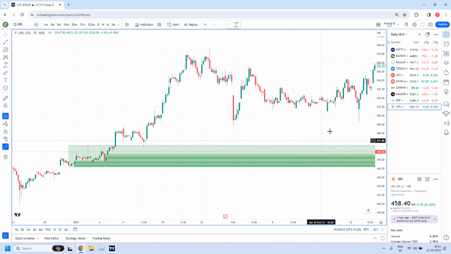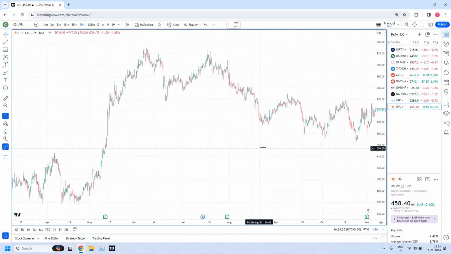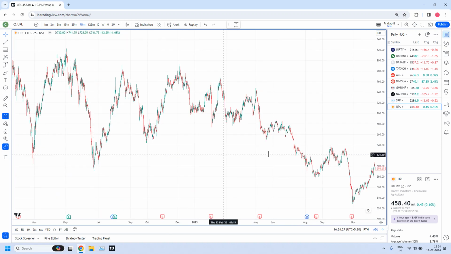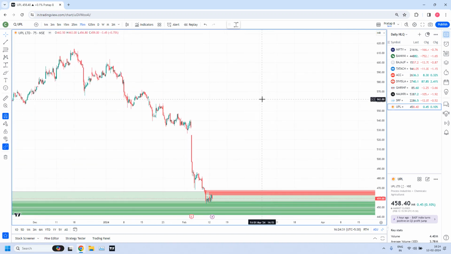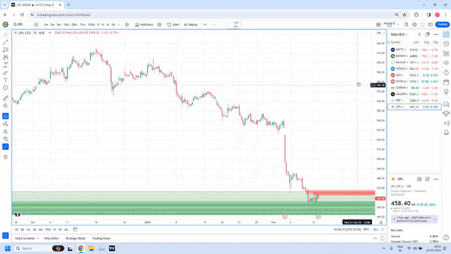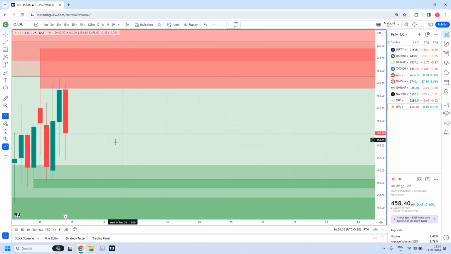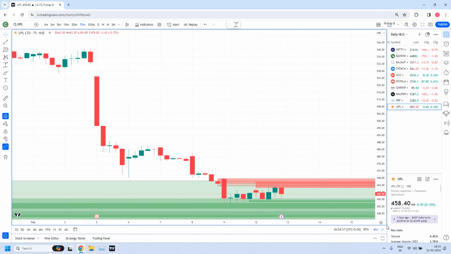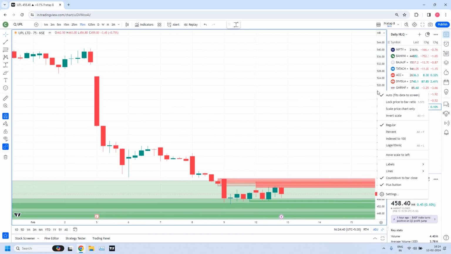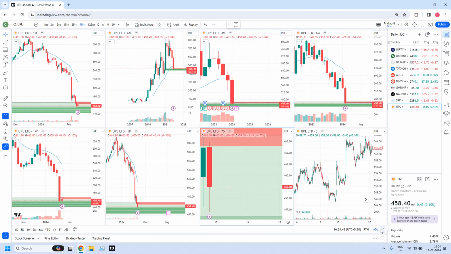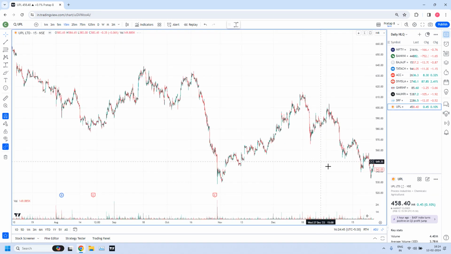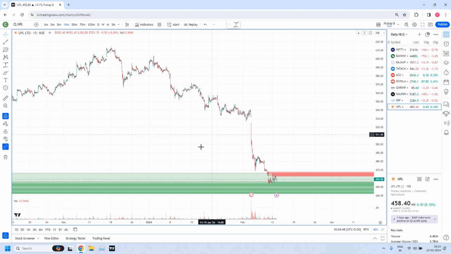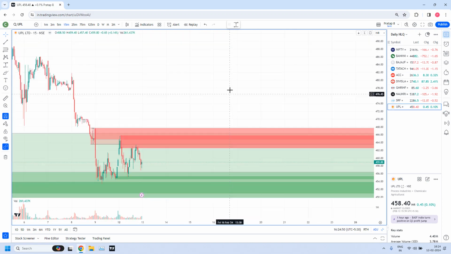Now let me show you the 15 minutes area, today's trade that we got. So this is a 75-minute zone. Now I am going to the 15 minutes time frame. Now observe carefully.